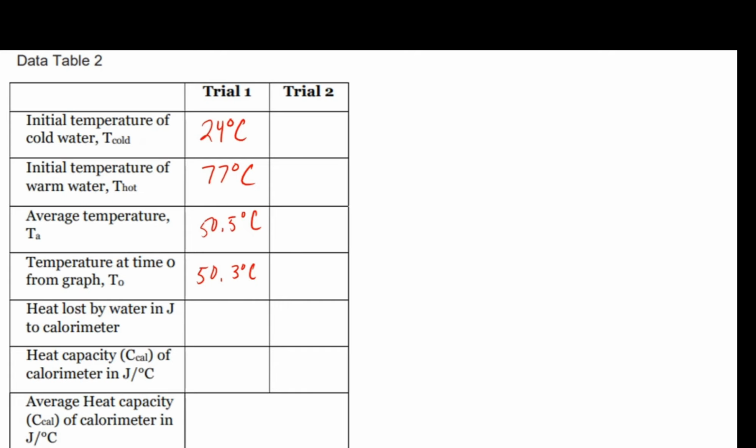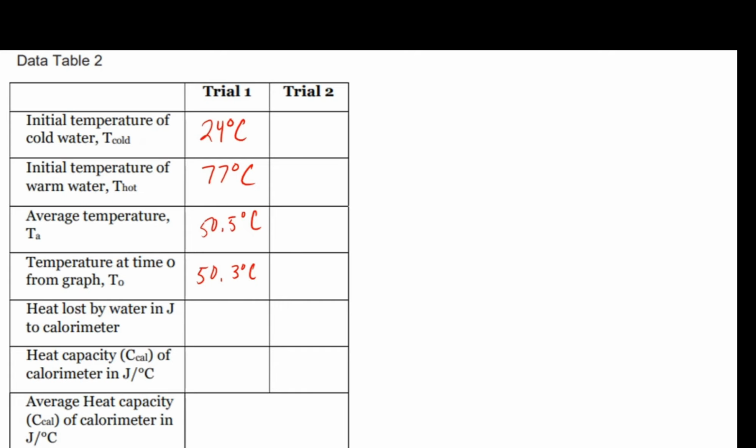And then we graphed that temperature change and used an extrapolation to determine the temperature of the mixture right at the moment they are mixed, which is known as temperature at time zero from the graph, and we see that here is 50.3 degrees Celsius. So for my experiment, when I mixed the 77-degree water with the 24-degree water, it immediately became 50.3 degrees Celsius.